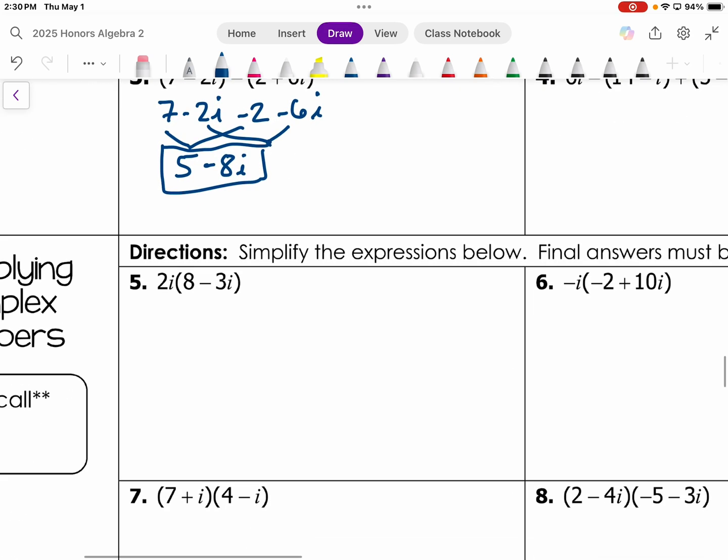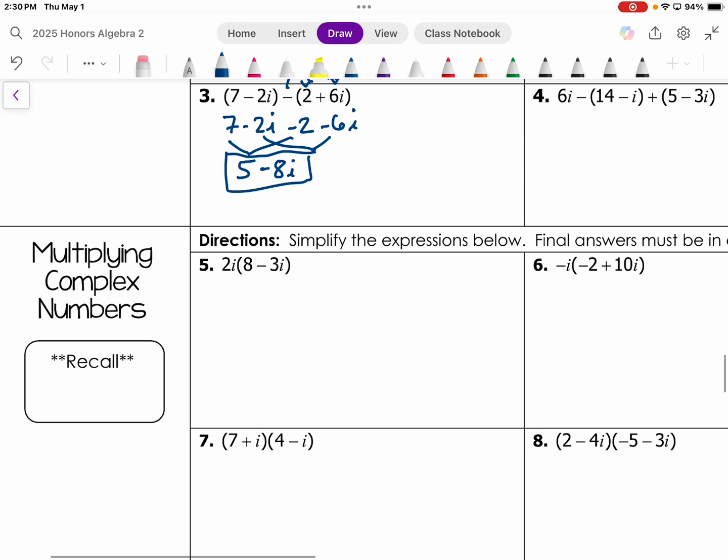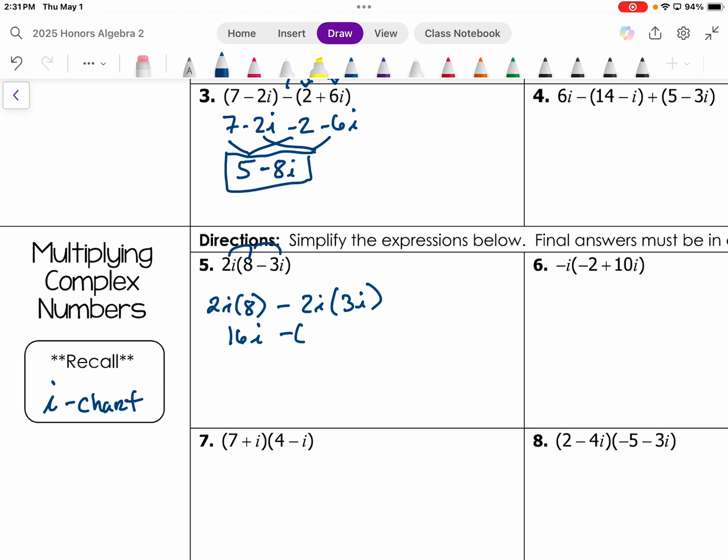So on the next one here, I'm going to put in here the i chart. Remember the i chart. As I distribute the 2i, that would be 2i times 8 minus 2i times 3i. So that would be 16i minus 6i squared.